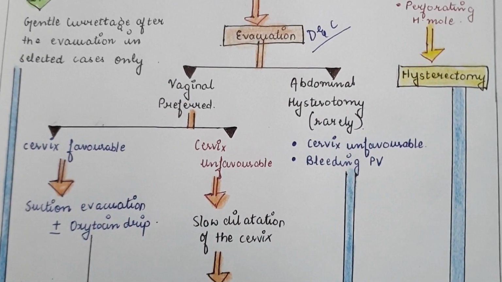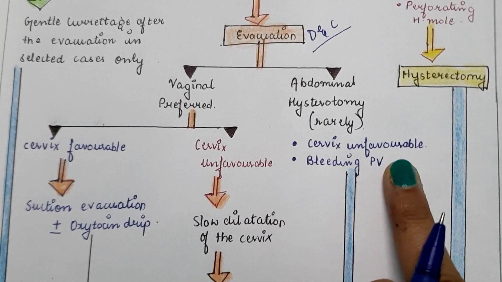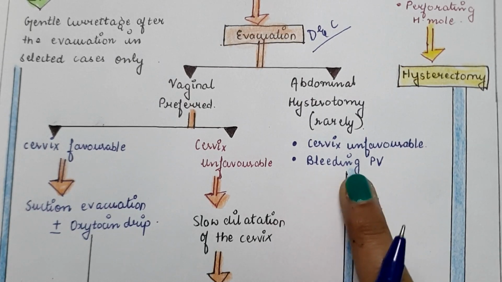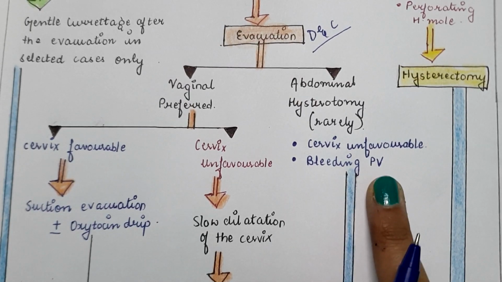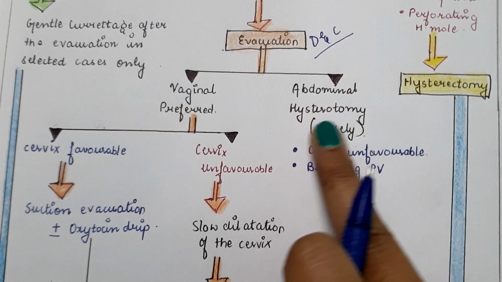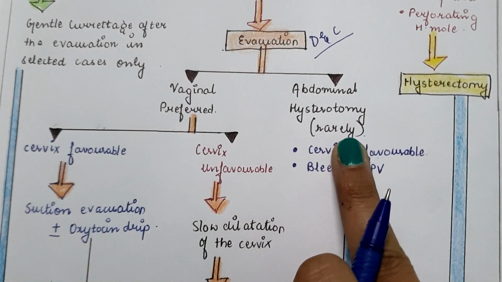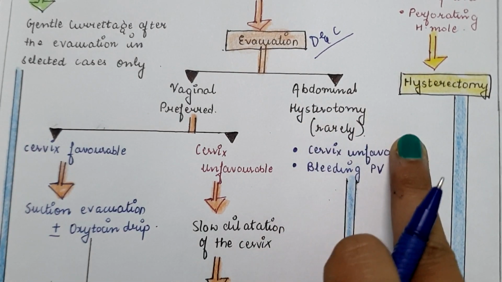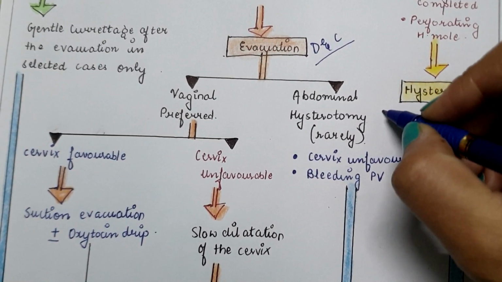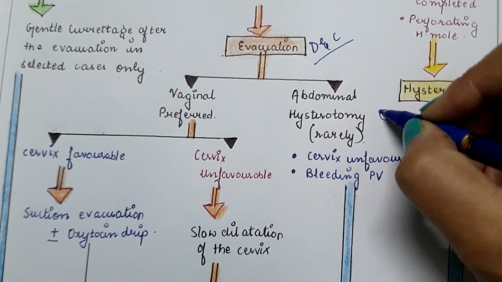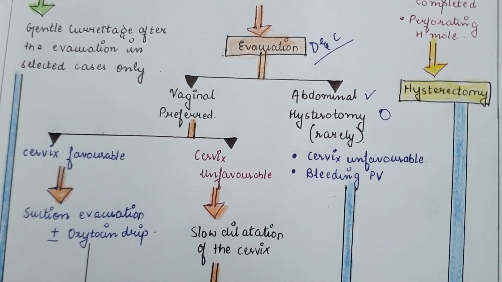But if the cervix is unfavorable and there is vaginal bleeding, in that case abdominal hysterotomy should be done, which is done rarely. What is hysterotomy? That is the opening of the uterus through the abdomen.